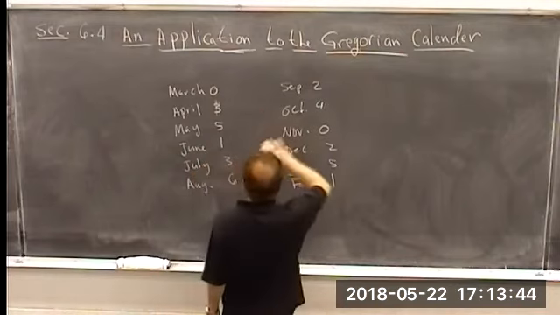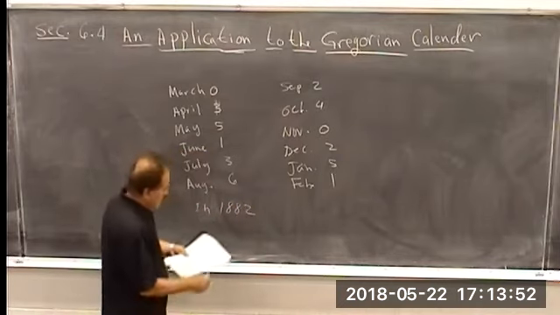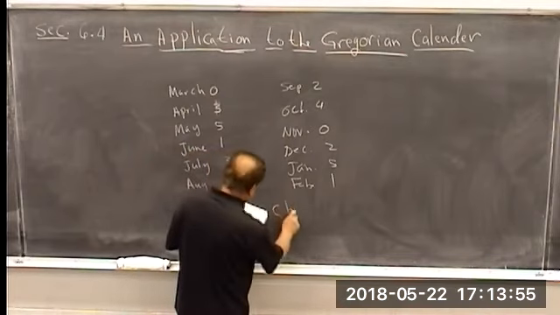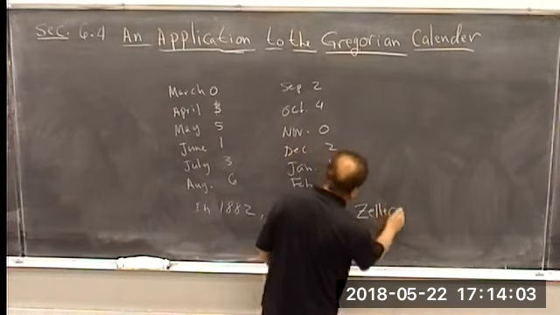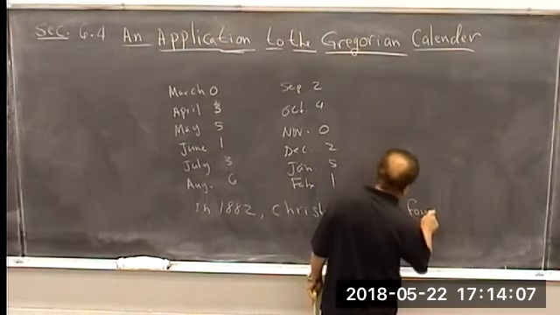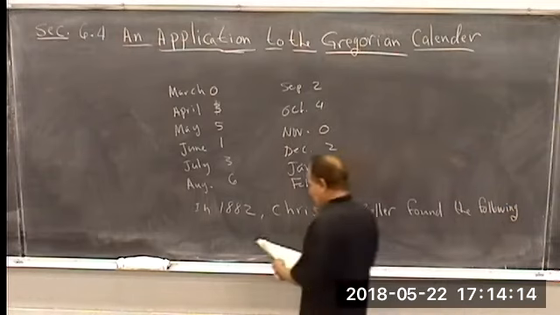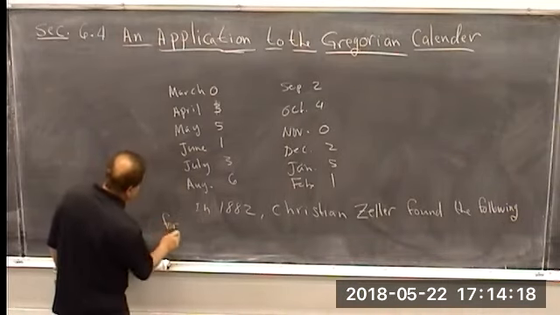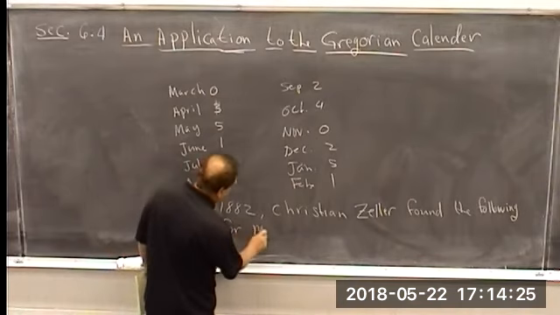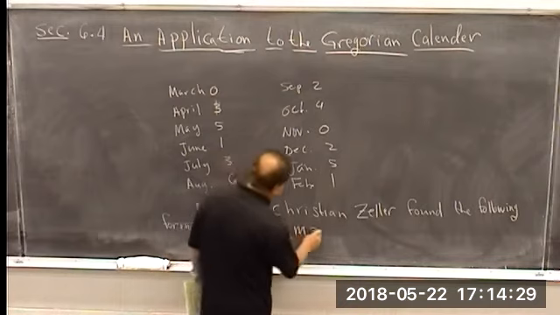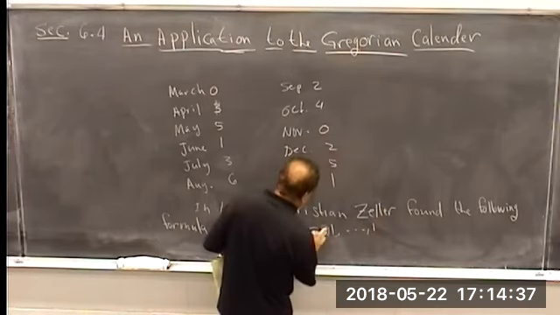Now, this is very hard to remember. In 1882, a person named Christian Zeller found the following formula for month M, starting from 1 up to 12.